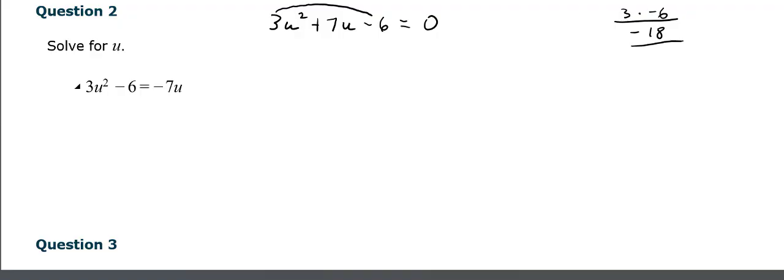We're looking for the factors of negative 18 that add to a positive 7, and that would be a positive 9 and a negative 2, because 9 times negative 2 gives us negative 18, and 9 plus negative 2 gives us positive 7. So we're going to rewrite our expression. So we're rewriting 7u as positive 9u minus 2u, and we still have the minus 6 equals 0.